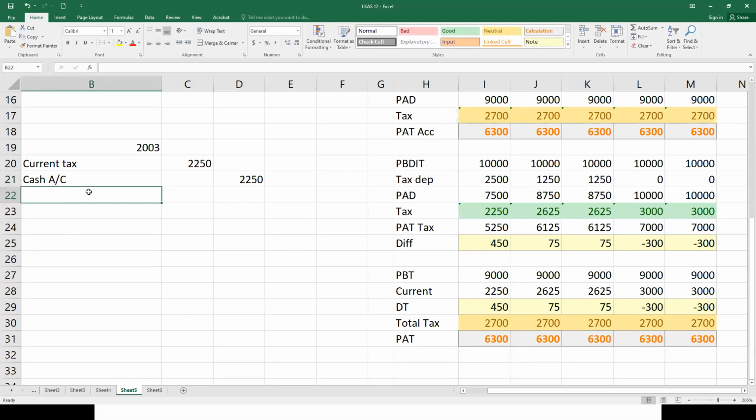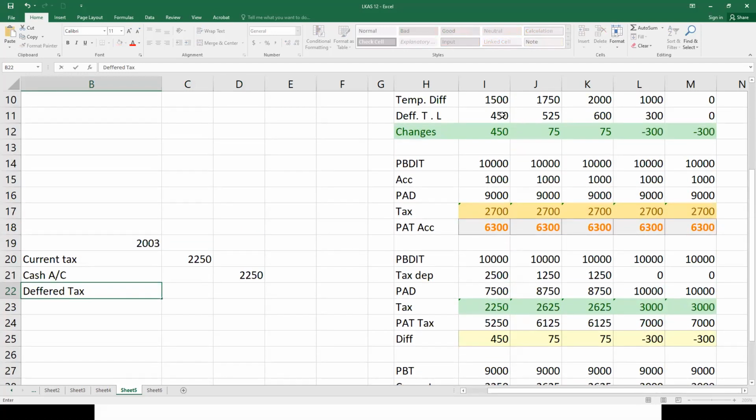And deferred tax, how much? 450. And deferred tax liability is also 450.